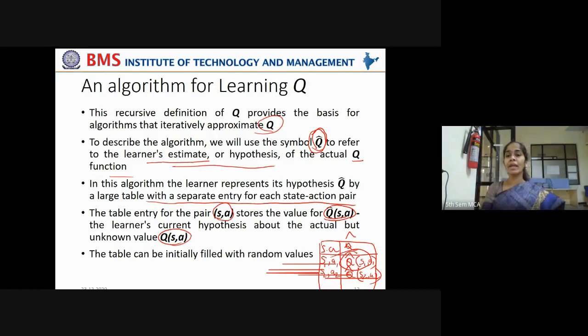In the same way, this estimation of the hypothesis, that is the Q function value, is taken with some random values. Now, see how the agent is taking the steps and in which sequence of steps the accumulated reward is maximum. Those rewards you have to update for Q cap S, A in the table.